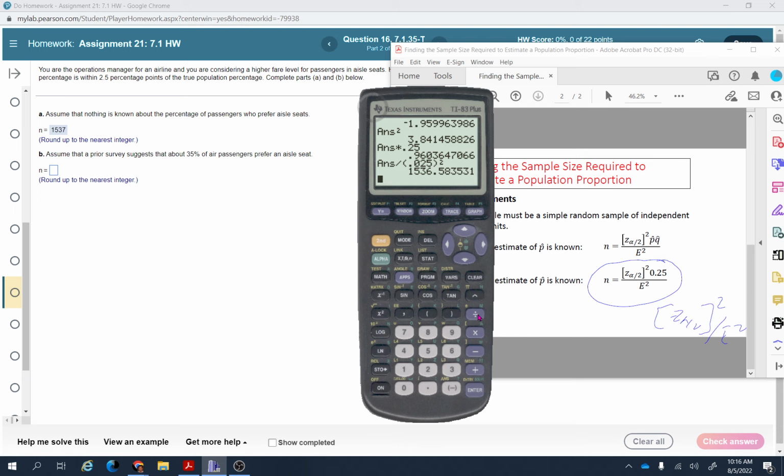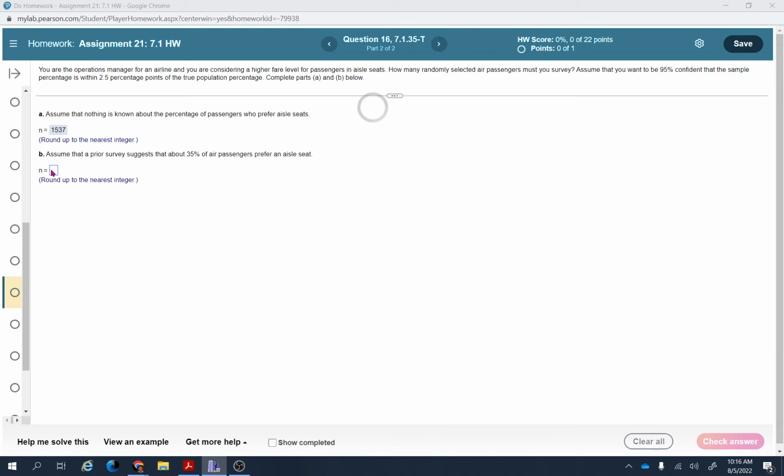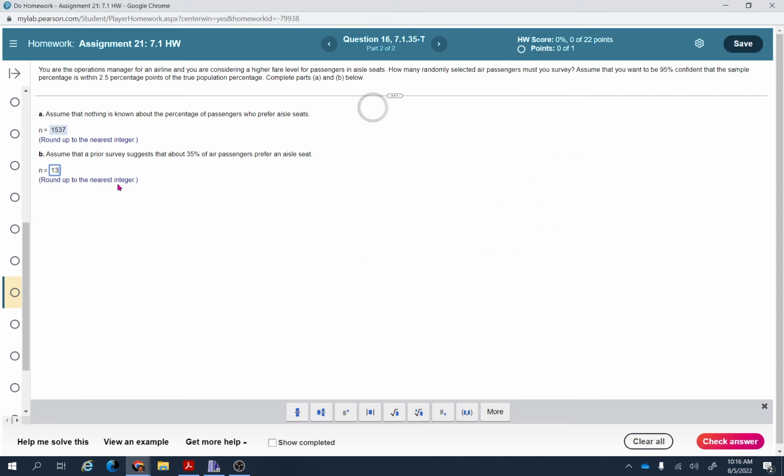Now I need to multiply this by p cap, which in our case is 35%, so times 0.35, and then multiply by q cap, which is 1 minus 0.35, which is 0.65. So that is 1398, and because we have to round to the next integer, it's 1399.